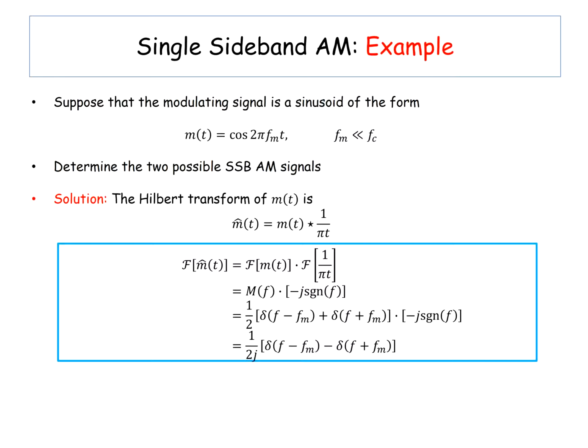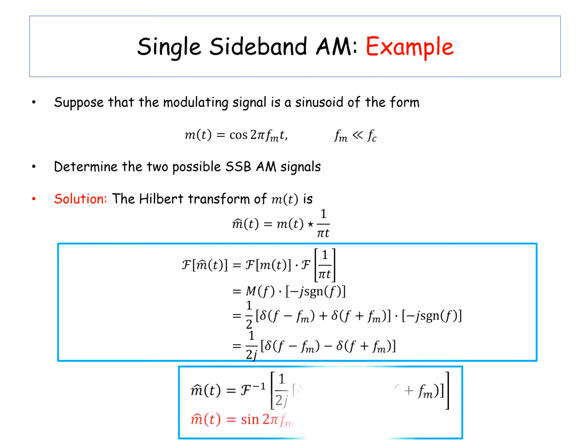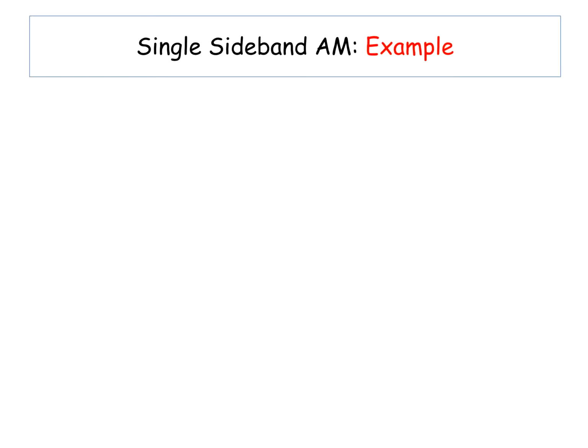By employing the inverse Fourier, the Hilbert transform is introduced. By substituting the message signal and its Hilbert transform into the modulated signal expression, the upper and lower single sideband signals are obtained.